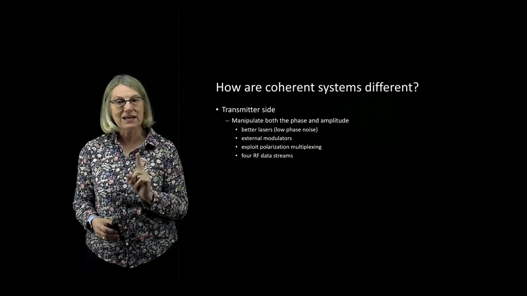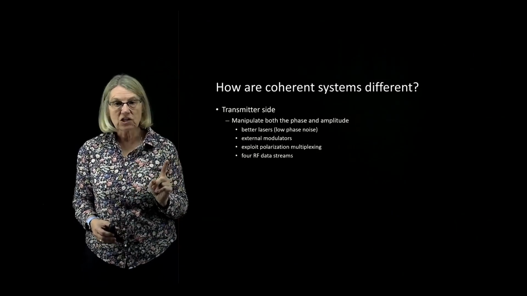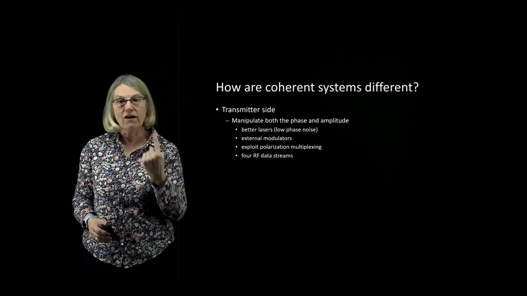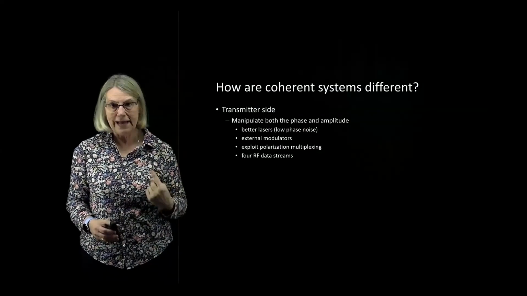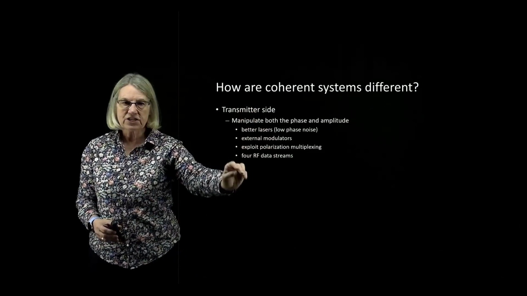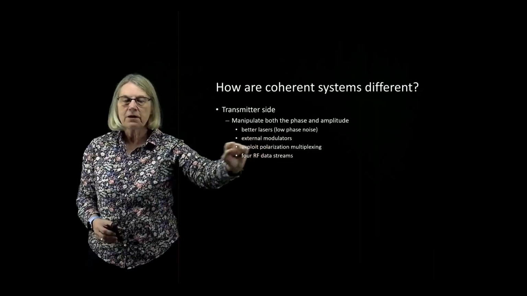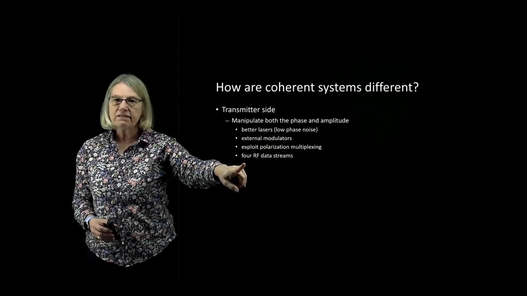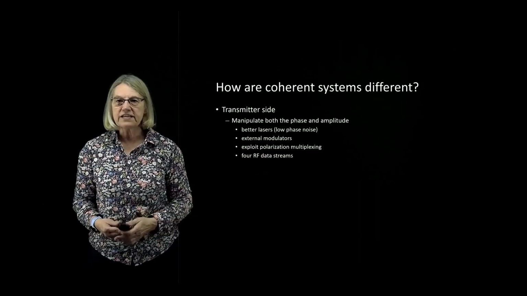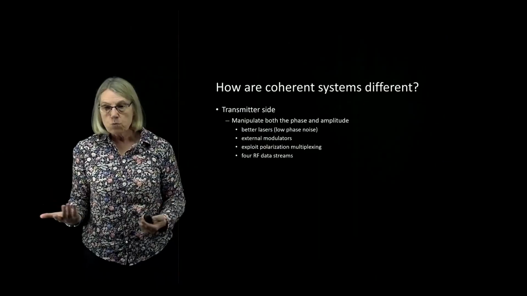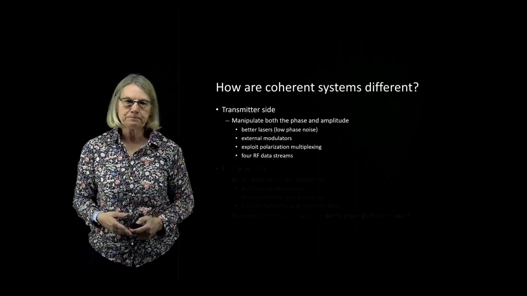For instance, if I'm sending a binary signal to an external modulator, there's one RF signal and it's binary, it's going up and down. When I use coherent detection and polarization multiplexing, we will see that I'm going to have to manage 4 RF data streams. So of course, that means more components also.